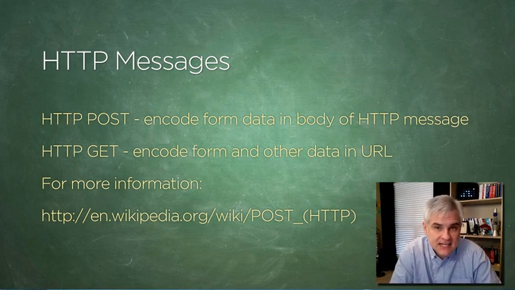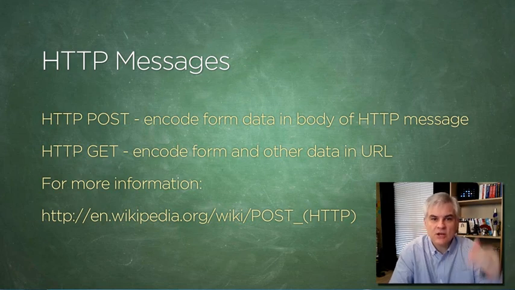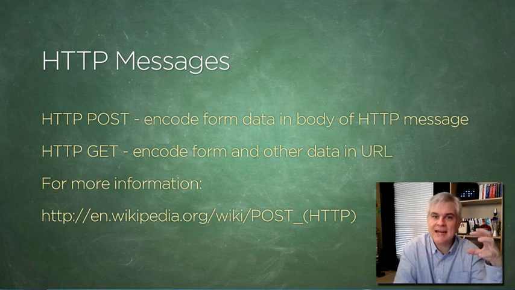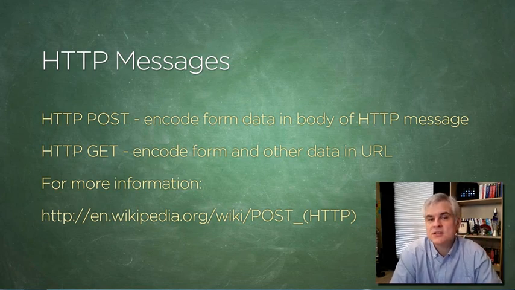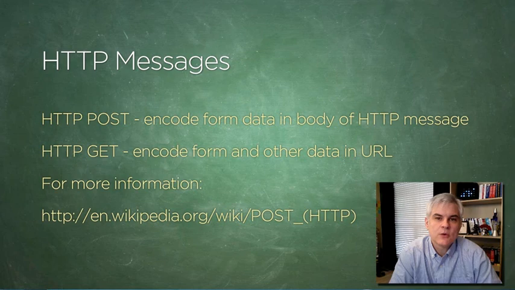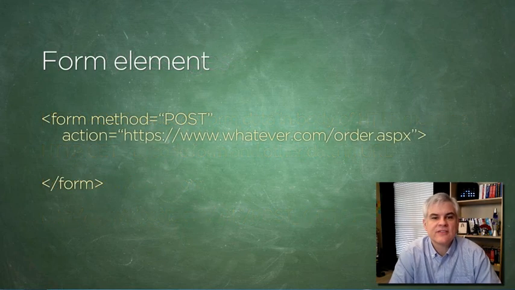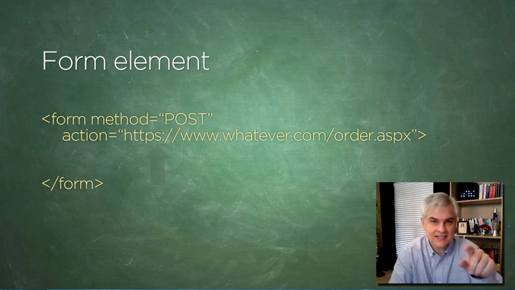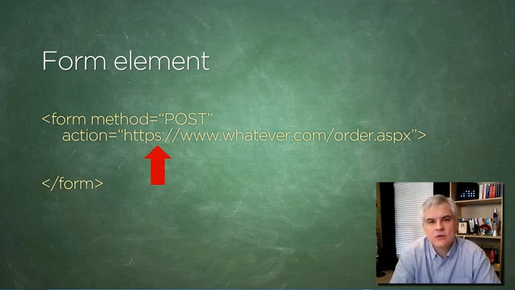If that data is sensitive, then it will typically encode all of the stuff in the envelope, all the data in the message body, using a secure sockets layer certificate. And so when you take a look at the action attribute in our form, you'll see that there's an HTTPS. The S on the end typically indicates that you're working with the secure sockets layer certificate.